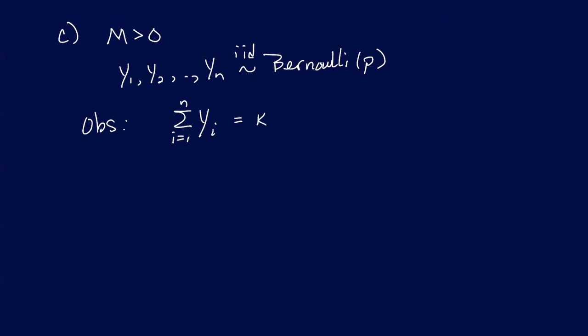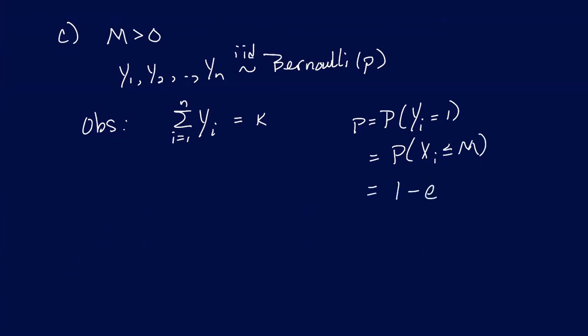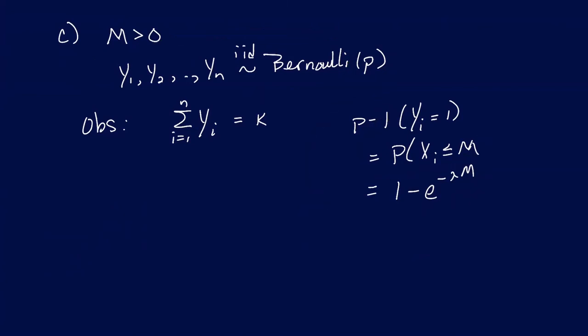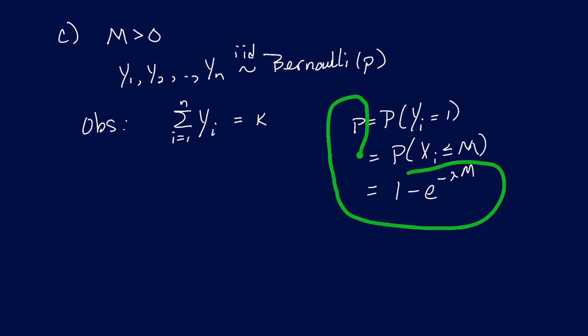What is p? p is the probability that any one of these y's is equal to 1, and that's going to happen when the corresponding x is less than or equal to m, and x has the exponential distribution with rate lambda, so p is 1 minus e to the minus lambda m. If we can find an MLE for p, we have a relationship between the lambda parameter and the p parameter, and we can use the invariance property of MLEs.